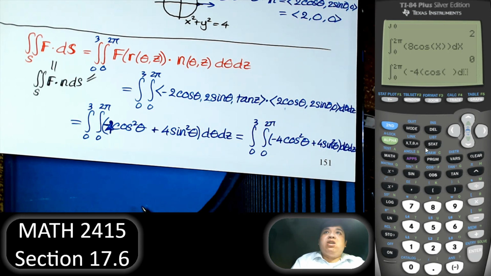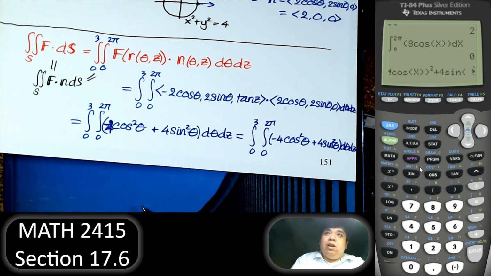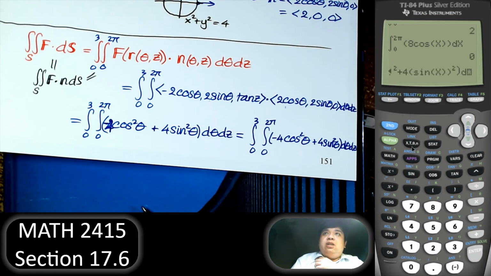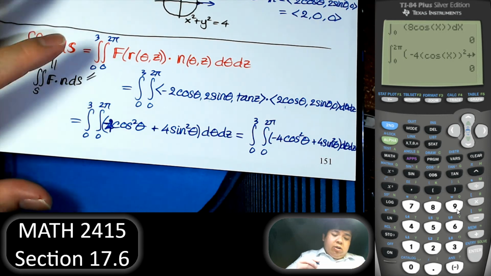Because cosine squared minus sine squared is cosine of 2 theta. And cosine of 2 theta, the period is pi. Yes, it is equal to 0.